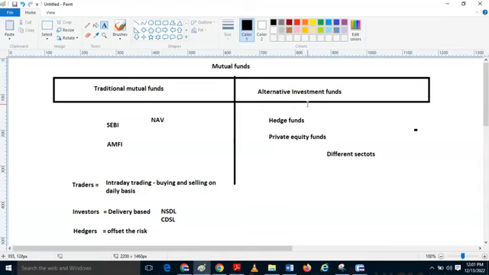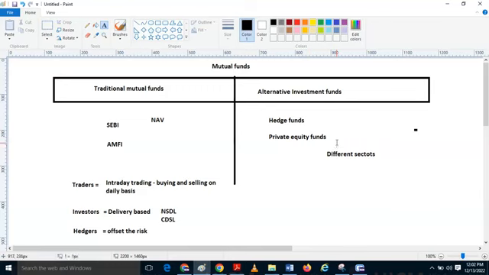If you see the corona time, 2020 till August actually, the equity market was not performing well. The market was down by 40 percent. See, gold was giving a return of 40 percent. So this is the work of hedge funds. They will buy in different types of asset classes. They can short, they can buy, they can go long, and they can diversify their risk actually.